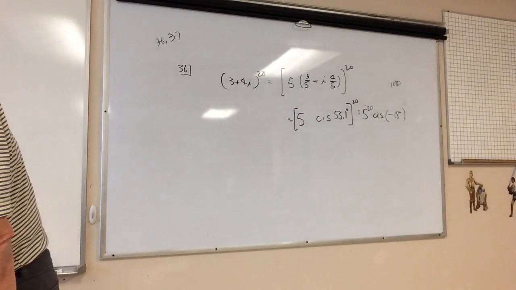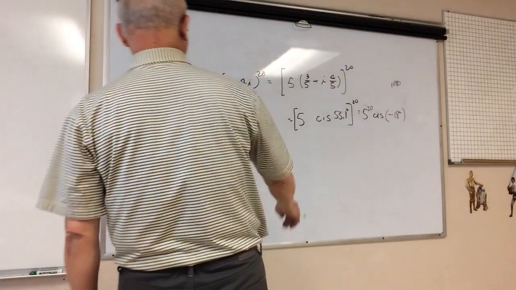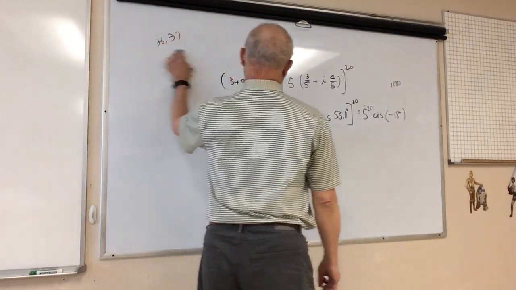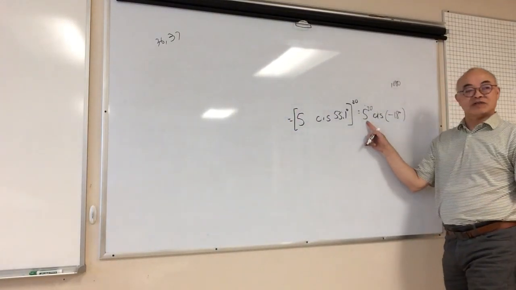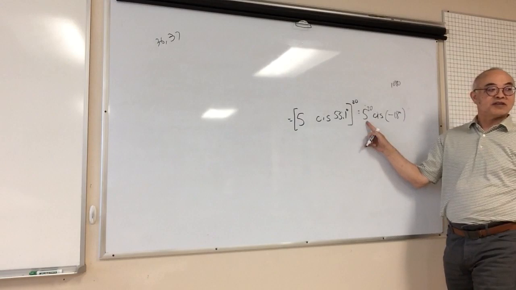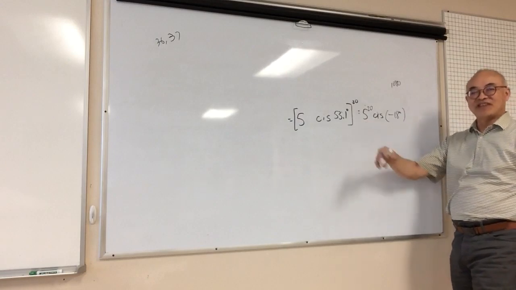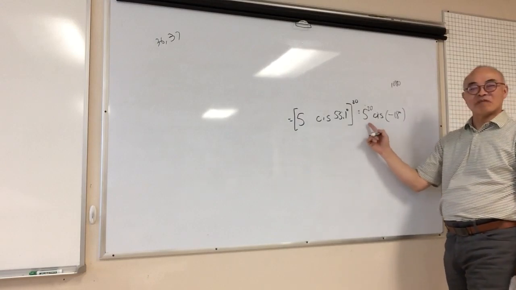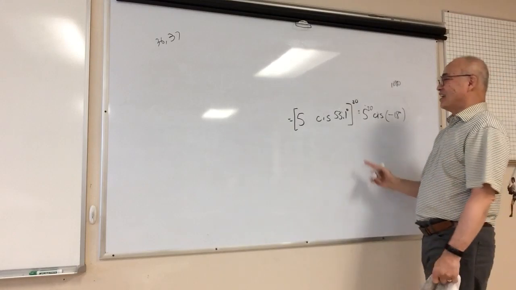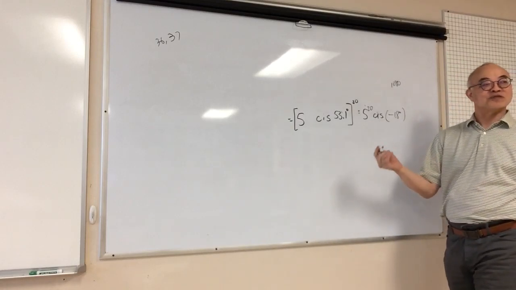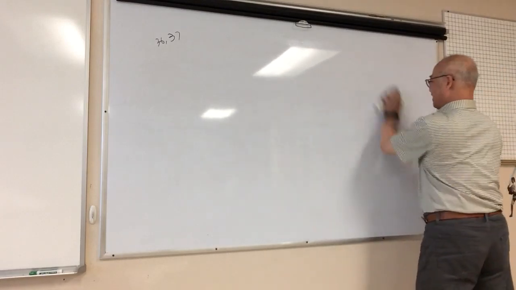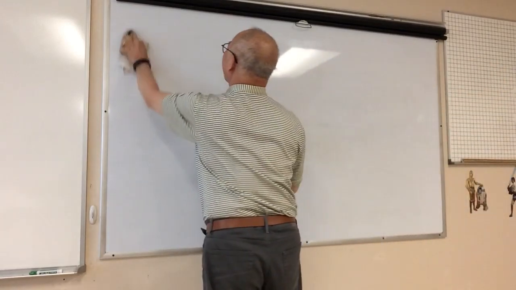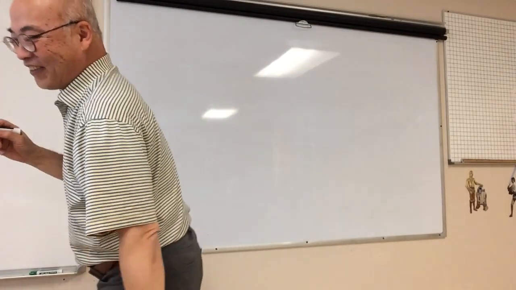On the test, you can just leave it like this. I'm not going to ask you to write out the string of numbers that represents this. As a matter of fact, don't do that because it just confuses me. I'm curious now, but I don't want to check if every digit is correct.